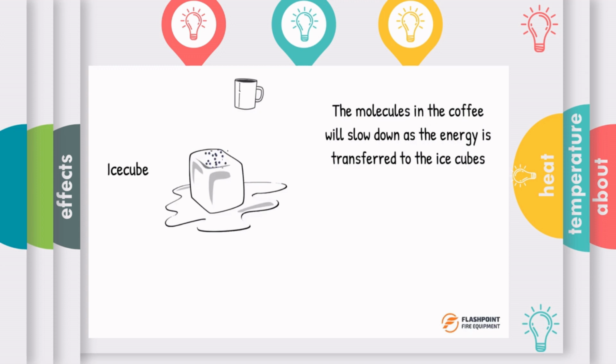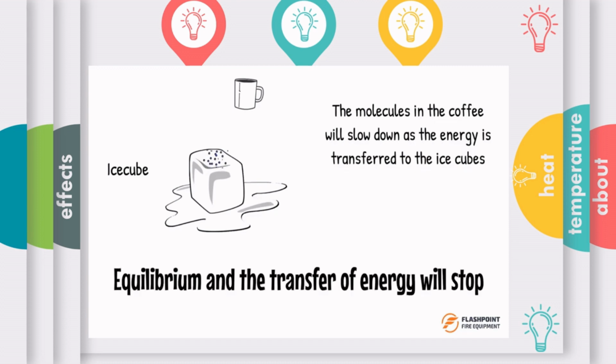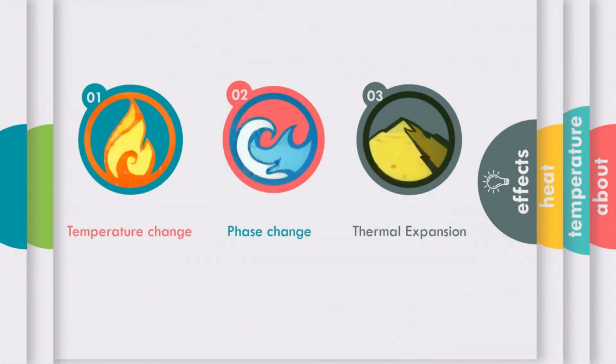At some point, the speeding molecules of the ice and the slowing molecules of the coffee will reach equilibrium, and the transfer of energy will stop. The effects of heat are temperature change, phase change, and thermal expansion.